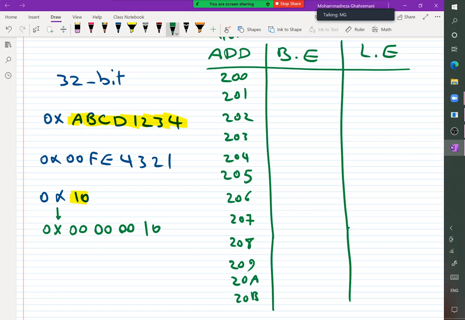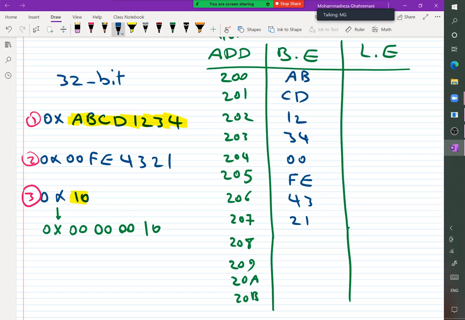Now let's start storing these numbers in order. First we store this number, then this number, and then this number. In Big Endian, we start with the most significant bits. So we say A, B, C, D, 1, 2, 3, 4, 0, 0, F, E, 4, 3, 2, 1, 0, 0, 0, 0, 0, 0, 10.